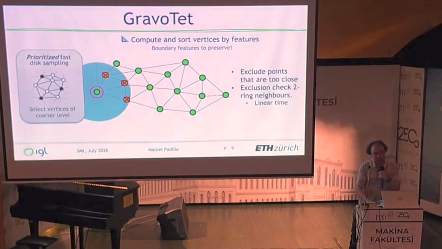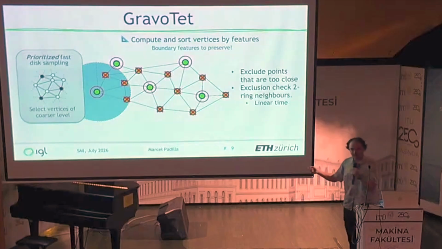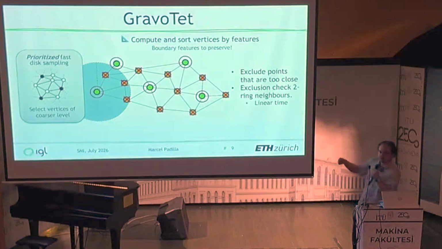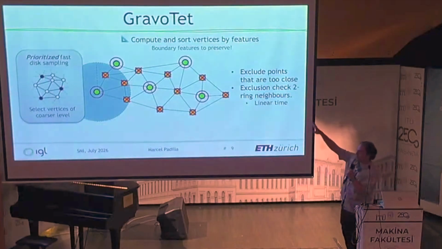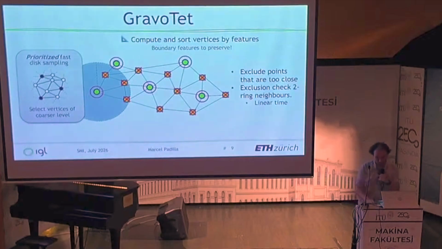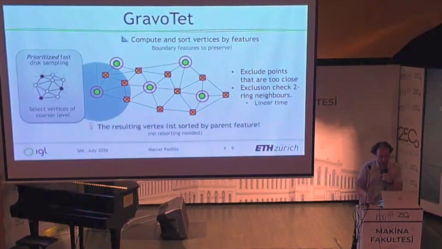And then we continue this, we take the next vertex, we look at the radius, we start removing more vertices. And this is very fast, linear time. And speed is something that we really need in order for our goal to be reached, to have fast results. So we end up with, in this example, 5 coarse vertices that go into the next mesh generation.